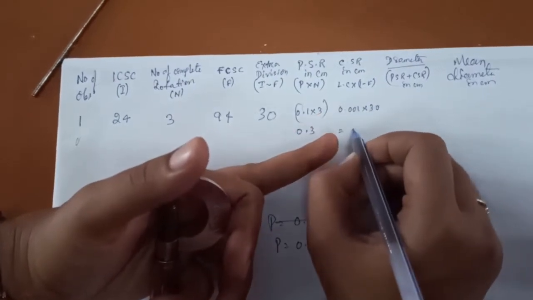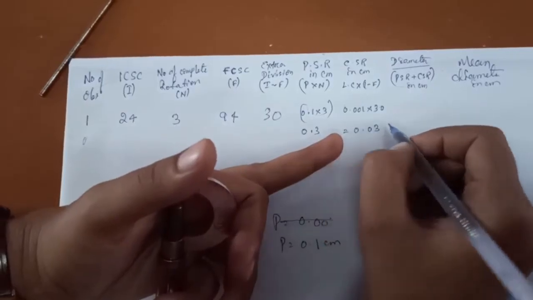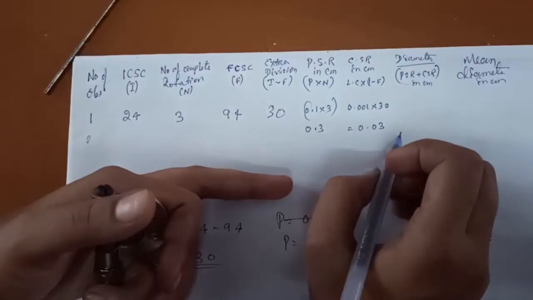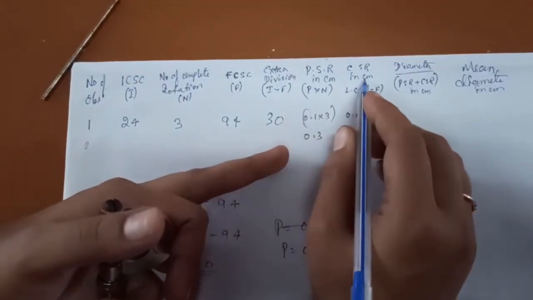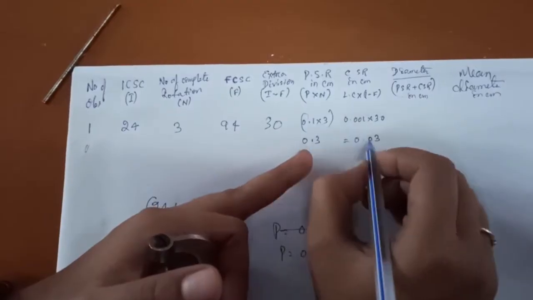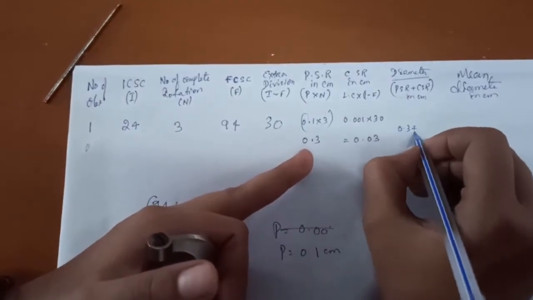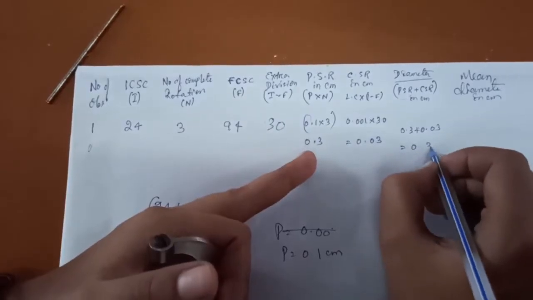It will give you 0.03. Okay, so this is the pitch scale reading, this is the circular scale reading. Then the diameter will be, you have to add this and this, 0.3 plus 0.03, this will give you 0.33.